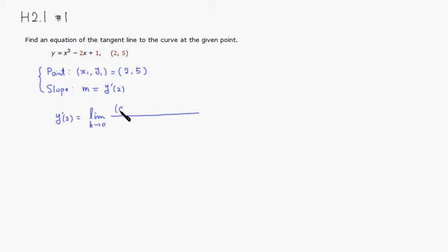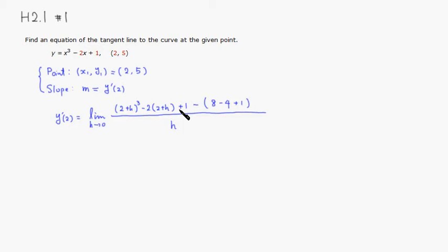So you have (2 plus h) cubed, minus 2 times (2 plus h), plus 1, then minus f of 2, and we plug in 2 everywhere: 2 cubed would be 8, and minus 2 times 2 is minus 4, and plus 1, all over h.